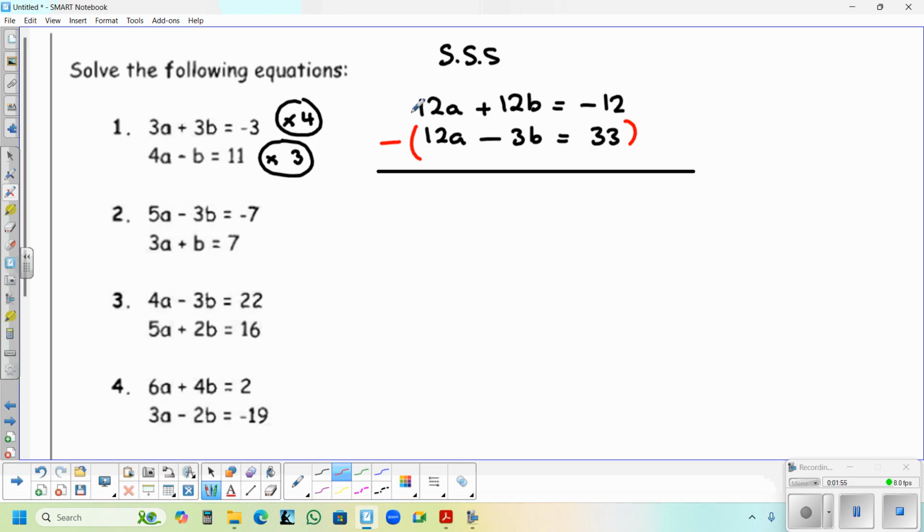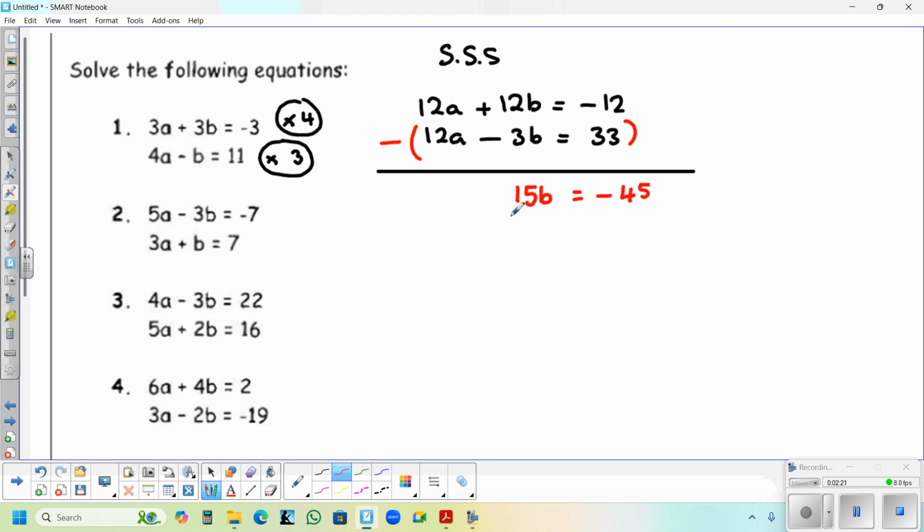Then we've got 12b, and I want to take away negative 3b. Two negatives make a positive, so 12b plus 3b gives me 15b. And for the last term, I've got negative 12, and I want to take away another 33, which gives me negative 45.